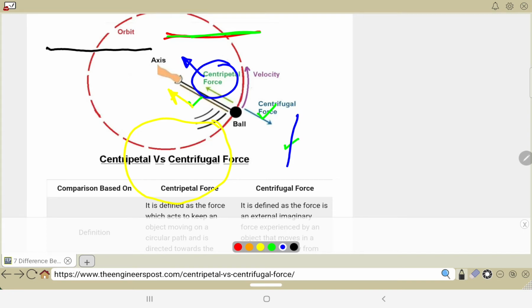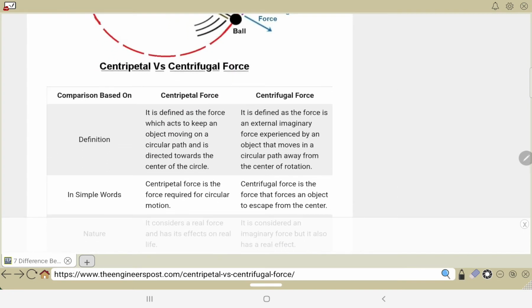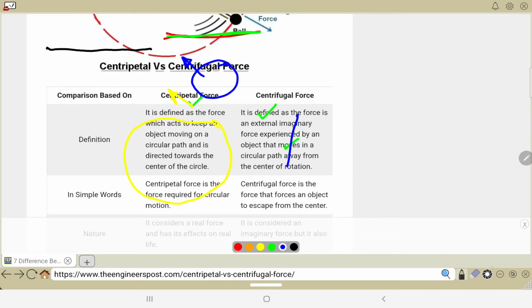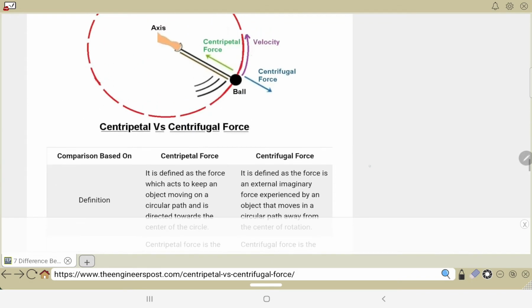Then what is meant by this other force, which is called the centrifugal force? We can define centrifugal force like this. It is an imaginary force experienced by an object that moves in a circular path, directed away from the center of rotation. As you can see in this picture, this centrifugal force is acting away from the center of rotation of the circle.